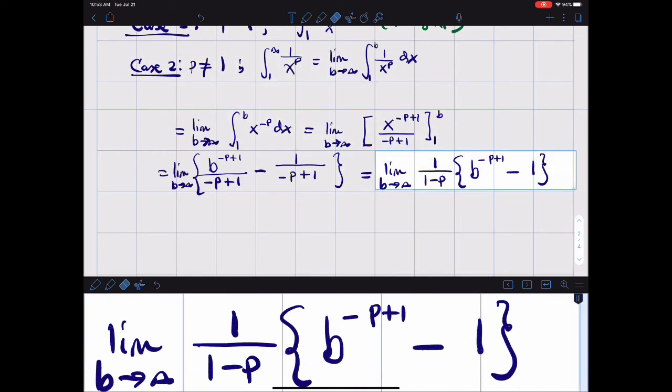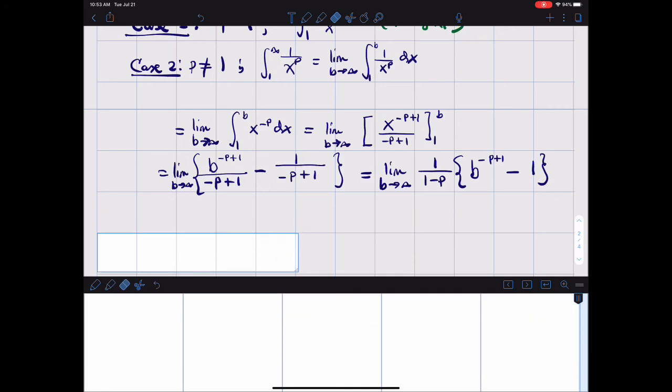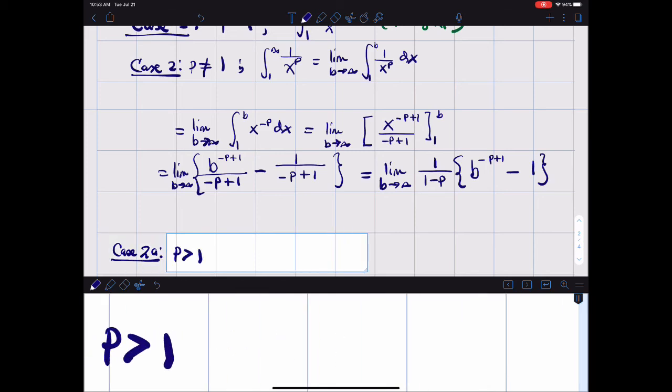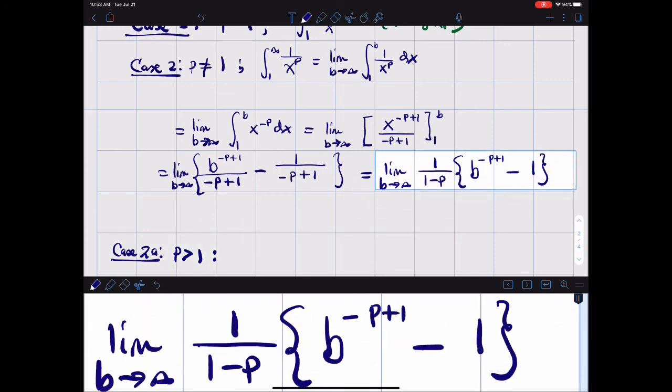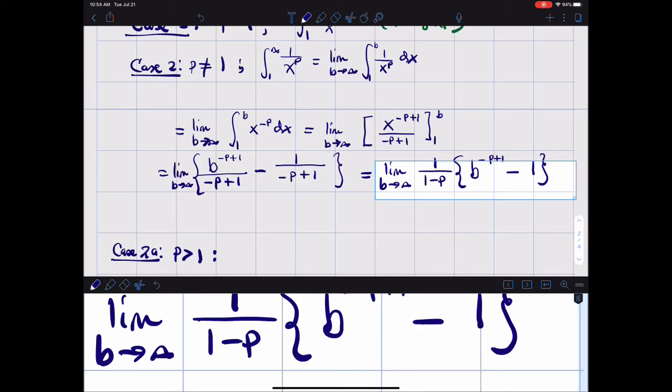So when p is not equal to 1, p is either greater than 1 or less than 1. So let's look at the first case, when p is greater than 1. Let's call it case 2a. P is greater than 1. If p is greater than 1, look at our limit.